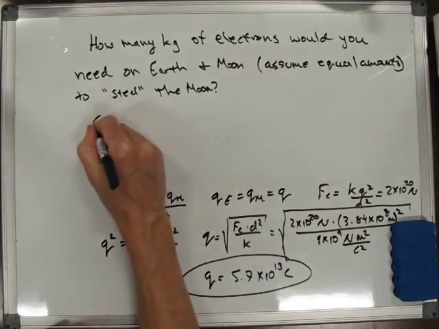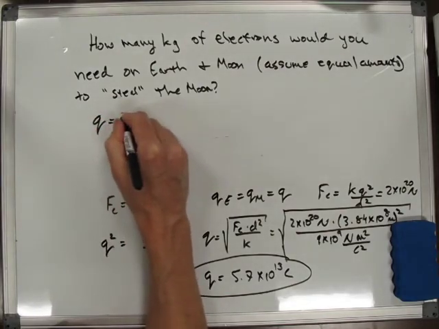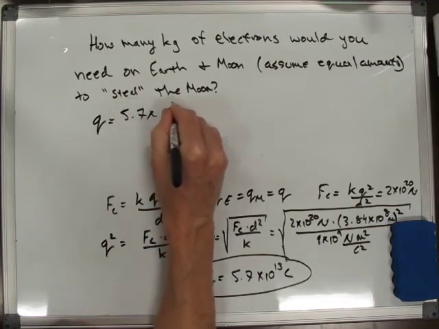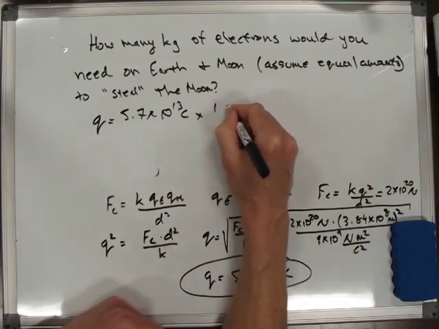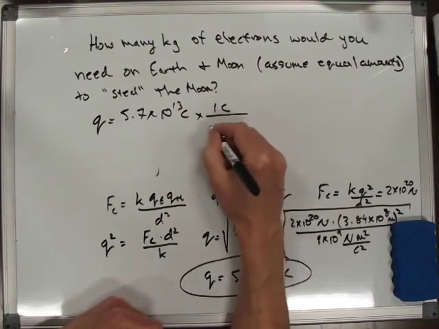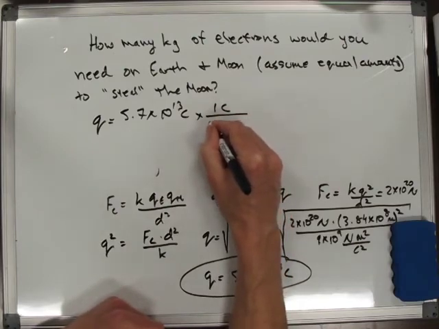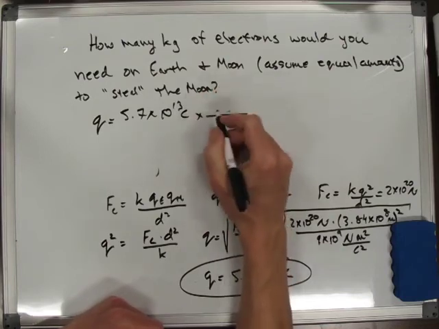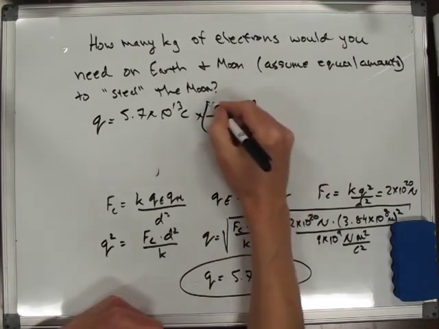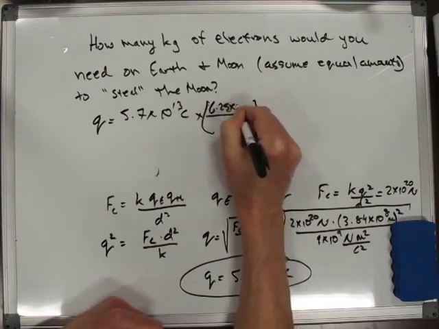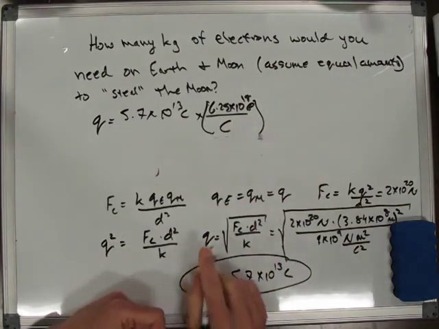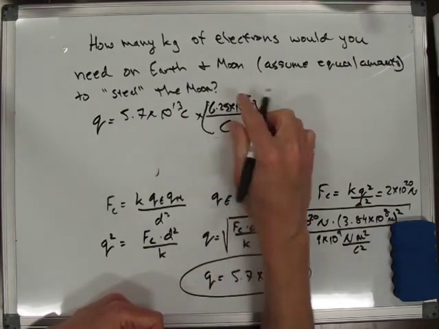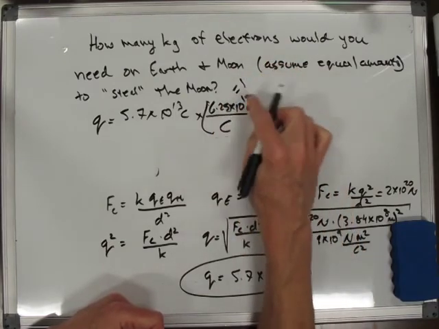So if I want my charge in electrons, I can say Q equals 5.7 times 10 to the 13th coulombs times 1 coulomb over... I want to convert this into electrons, so I'm going to use 6.25 times 10 to the 18th electrons per coulomb. I'm doing a unit conversion, so this piece is equal to 1.